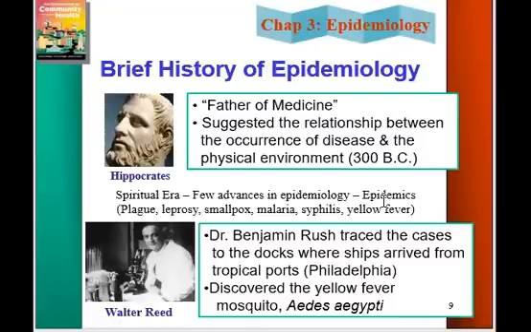So, next po, fast forward tayo ng konti. Let's move to the time of Dr. Benjamin Rush. No, kasi ito, another na naman po ito na significant event related to the history of epidemiology.